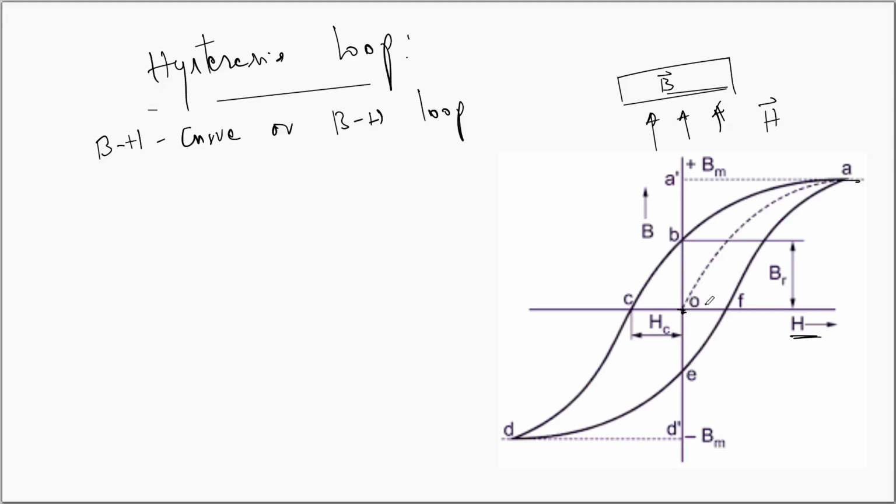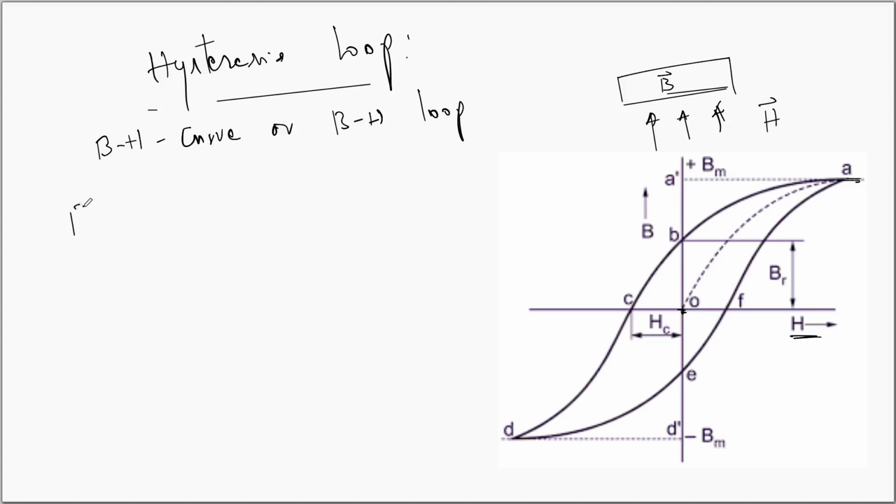When H is increased, the field B increases slowly, then more rapidly, somewhere here it increases more rapidly, and becomes independent of H. After reaching this value, even if you increase the H value, you do not see any variations in the B field, which indicates that we have reached a saturation flux density.